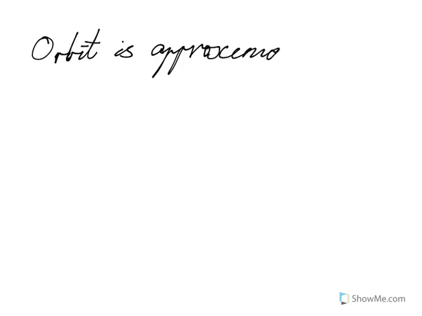So if we say that the orbit is approximately a circle, then we can do some things with that fairly easily with what we know about circular motion. So what do we know? In the notes there's a big gap.